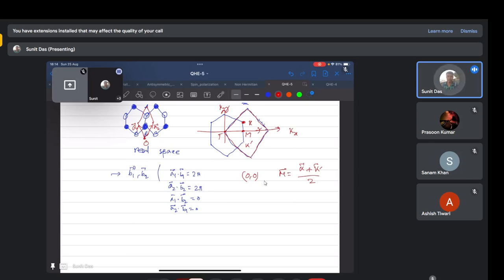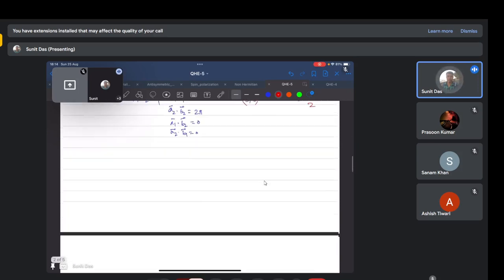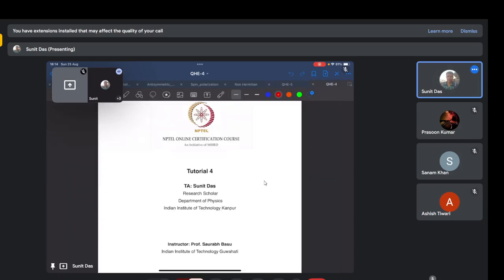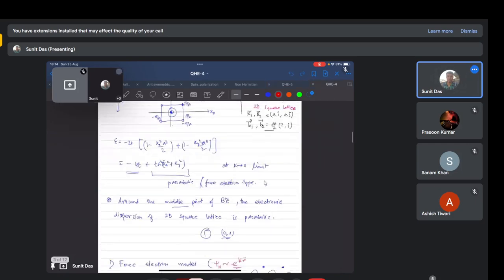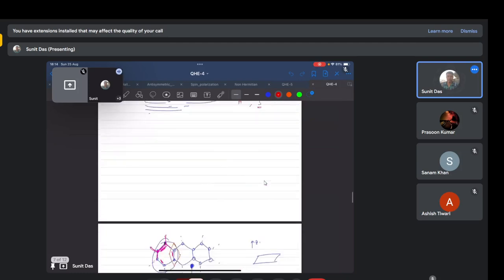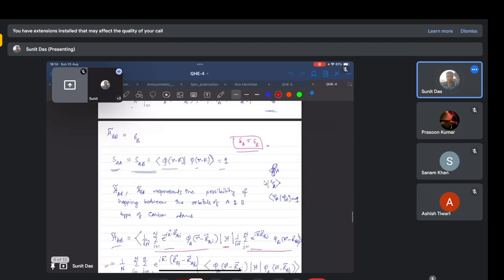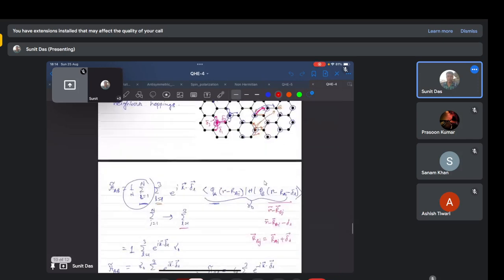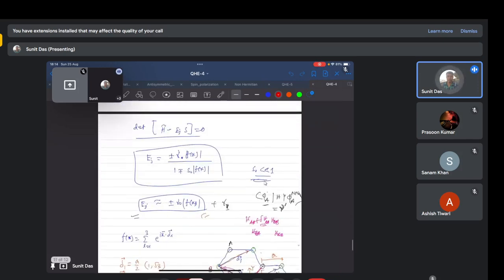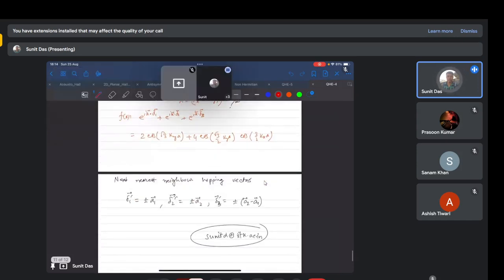Okay, so if we draw the tight binding Hamiltonian, sorry, a tight binding band structure, so let me go to the previous. I have not drawn it, but we'll have some Dirac points.